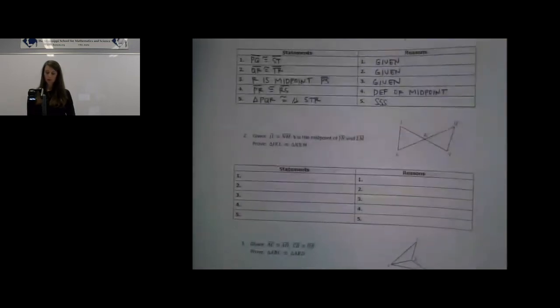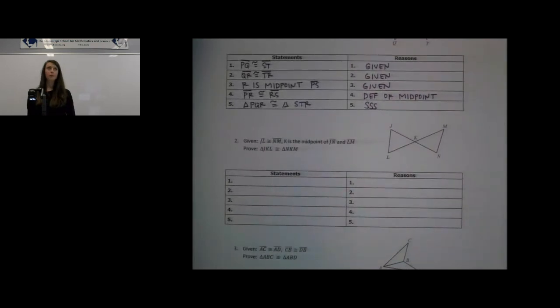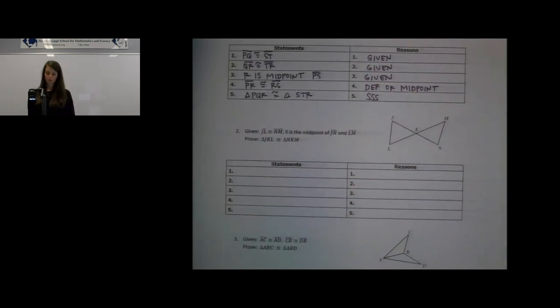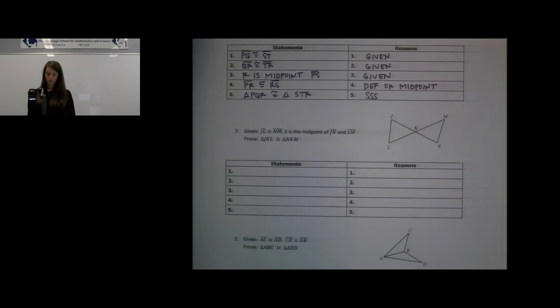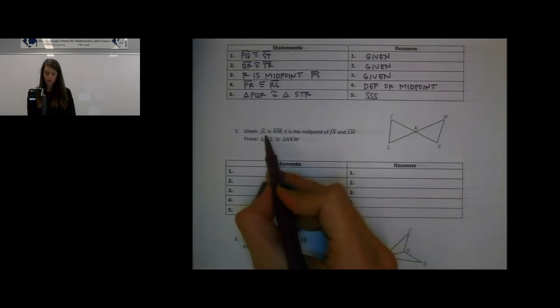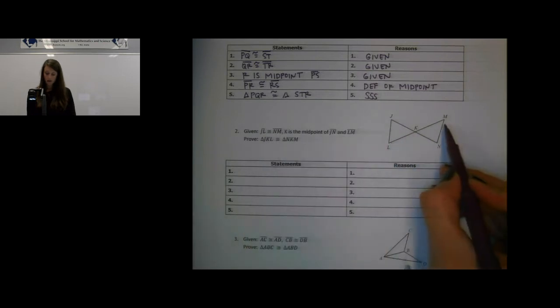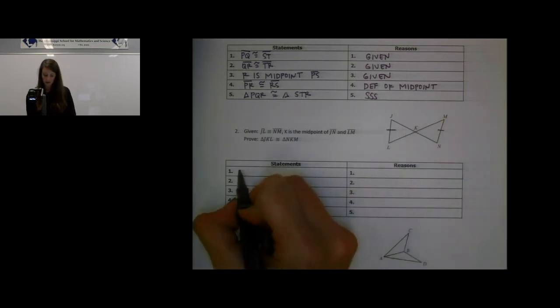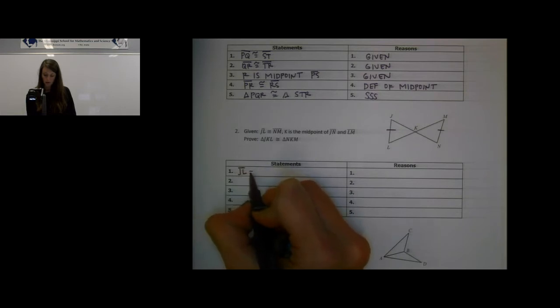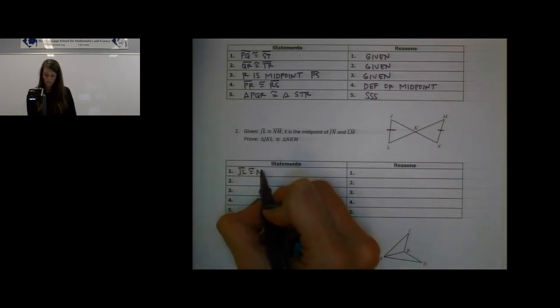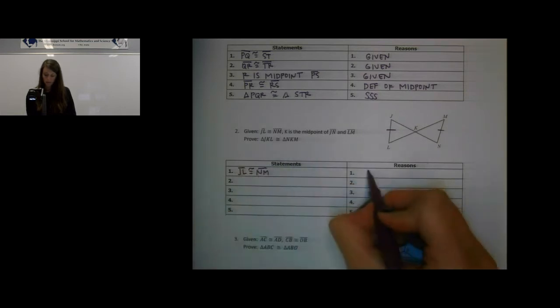All right, y'all try to do number 2 for me. Given that line segment JL and NM are congruent. Remember, we write what we have first. Given.